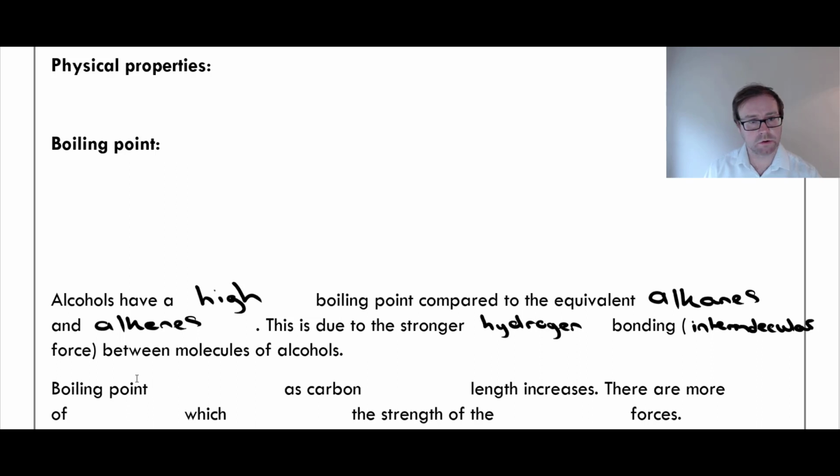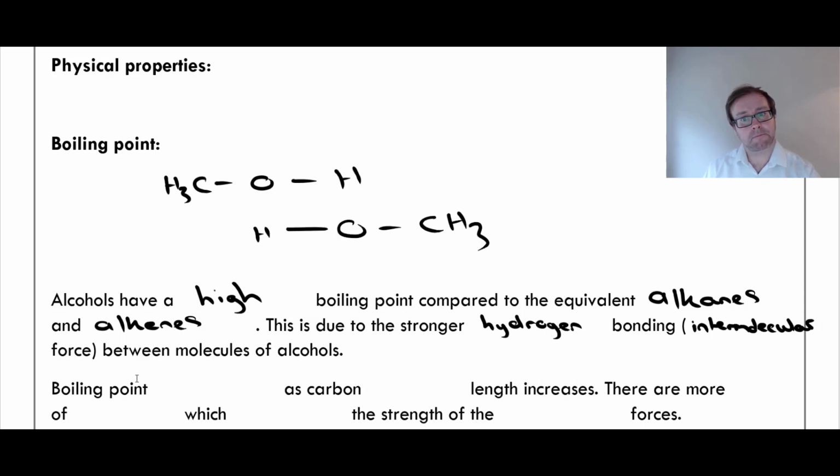E.g., so if we're going to draw this, let's draw H3C, so we'll draw methanol, so it would look like this. So this is my methanol, and I've separated out my oxygen and hydrogen, the alcohol group.